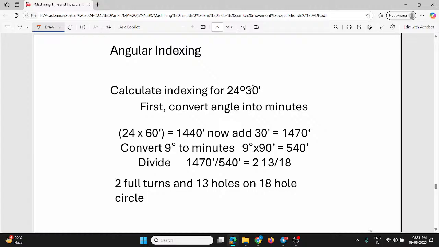Again this numerical is also there in the PPT, that is 24 degrees 30 minutes. Whatever the 24 degrees is, that can be converted into minutes. So 24 multiplied by 60 equals 1440 minutes, and you have to add the 30 minutes mentioned in the numerical, so it equals 1470 minutes.